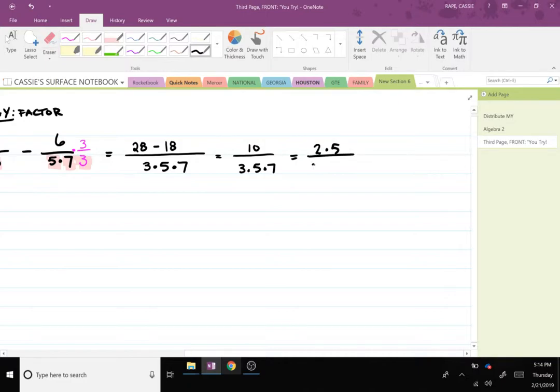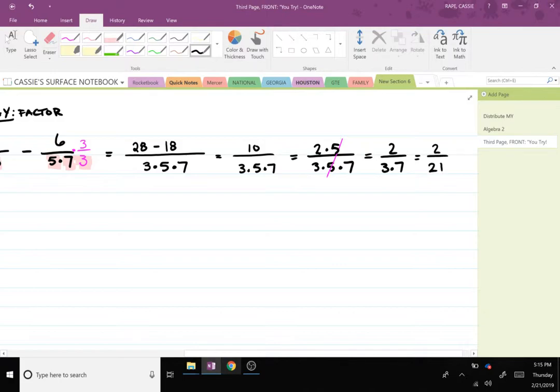And so 2 times 5 is over that 3 times 5 times 7. And you can see, yep, there is an ugly one. 5 over 5 is 1, so it cancels. And what you end up with is 2 over 3 times 7. And once you're completely finished, and there's nothing else that can cancel here, you can go ahead and multiply that 3 times 7 to make it 2 over 21.